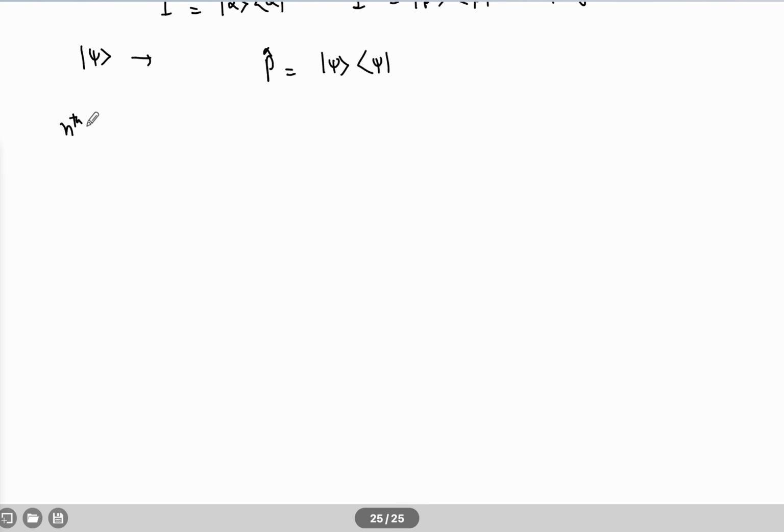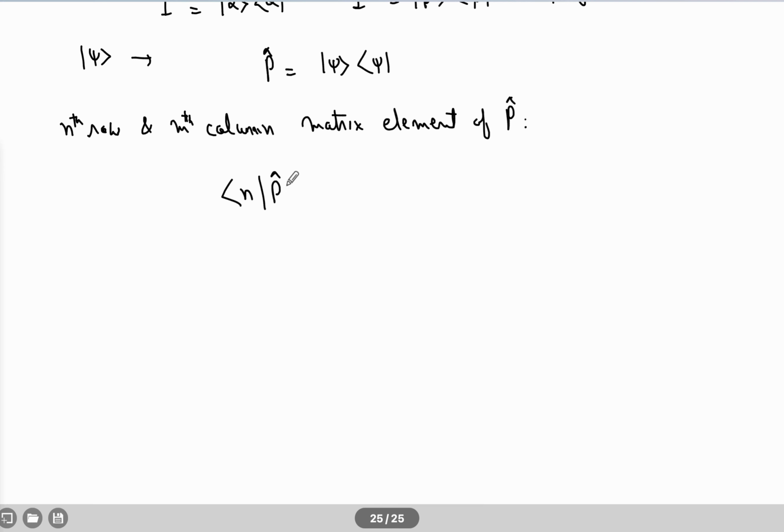So nth row and mth column matrix element of P operator, projection operator, can be written as n P m, right?